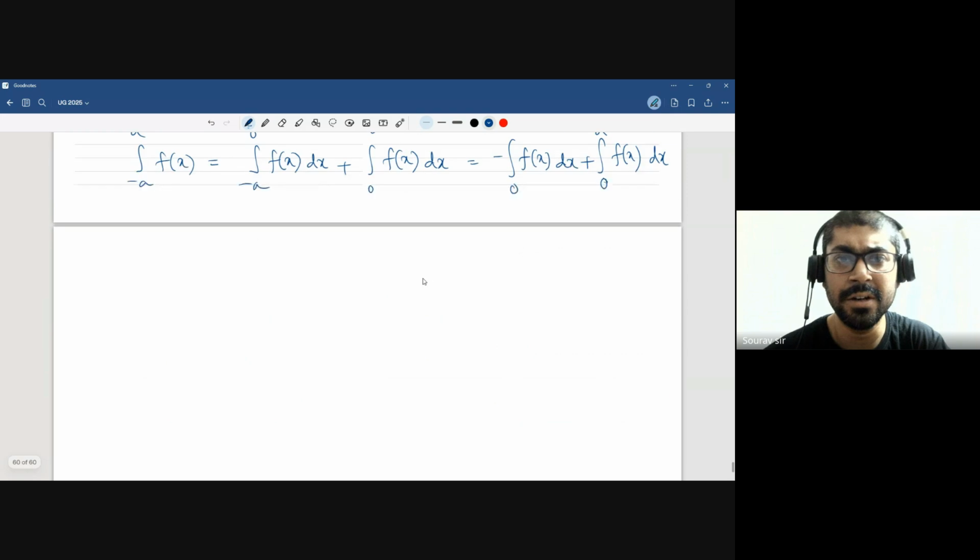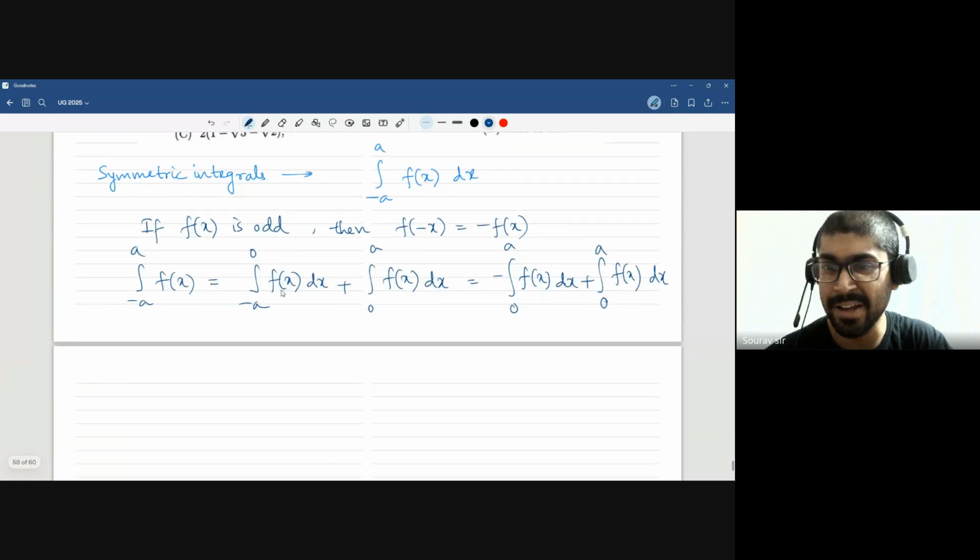If you do the substitution, you replace x by minus u, then you will see that the negative you put inside the minus u will come outside. There will be quite a few negatives here. Once you change this from 0 to minus a, you get a negative. Then as you put x equal to minus u, you change the limits, and that gets rid of this negative sign first. Then f of minus u will be equal to minus of f(u).